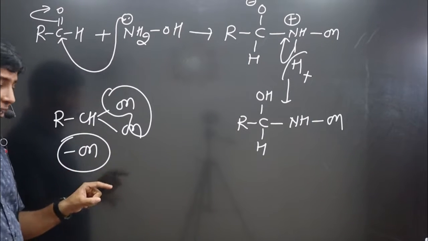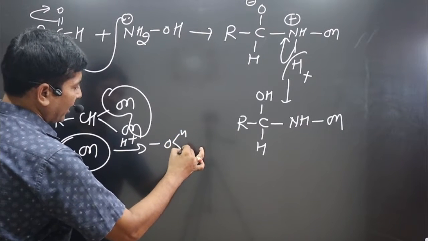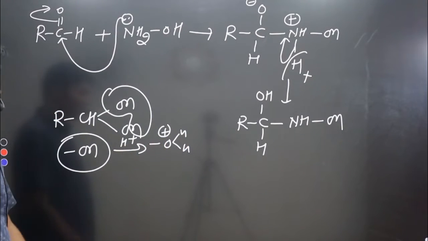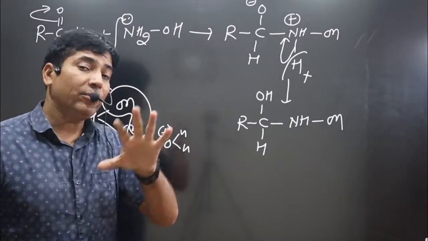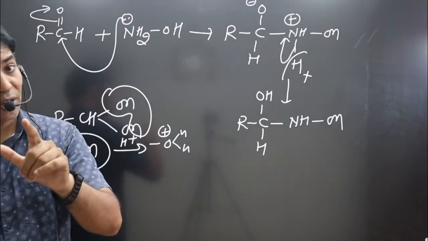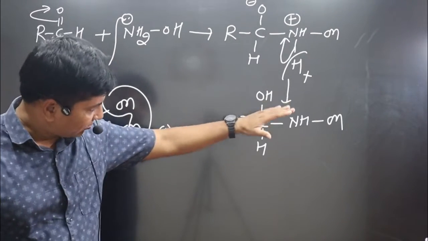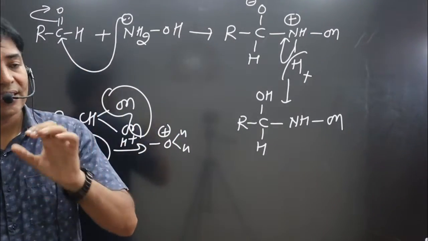But if we protonate, it can be easily removed. So to remove hydroxyl group we need a proton, and proton we can get from acid. This is the place from where we start carrying out the reaction in mild acidic medium.